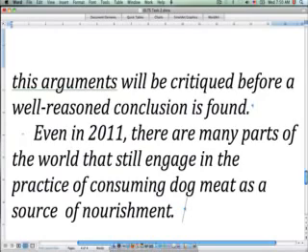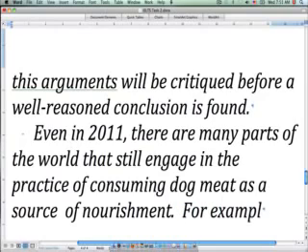Just off the top of my head, I know Korean people consume dog meat, and I know also in China people consume dog meat. I don't think in Japan, but I'm not very sure. But I do definitely know Korea and China. So I'm going to use Asia for my example, and if you were writing this essay and you're from another part of the world where dog meat is consumed, you could use that as your example if it's also a practice that has gone on for a very long period of time.